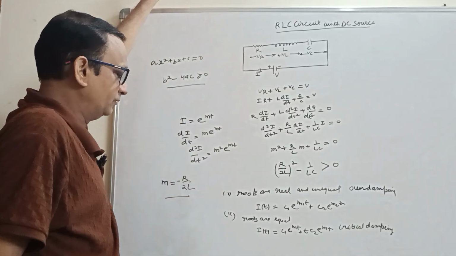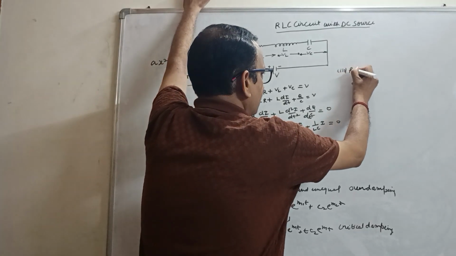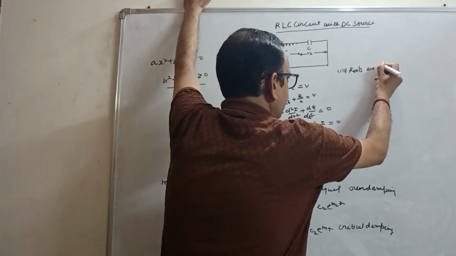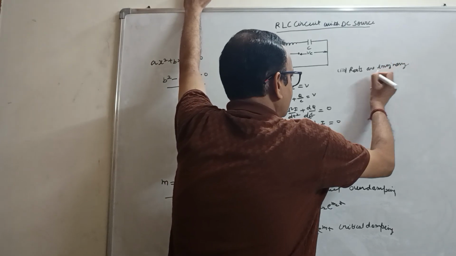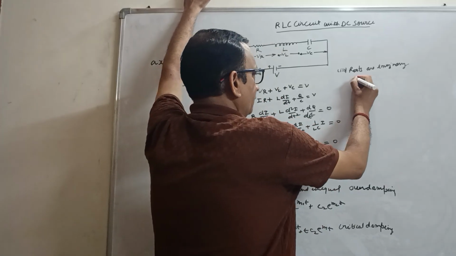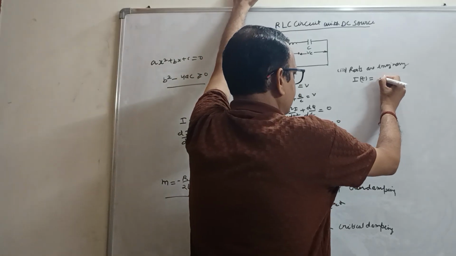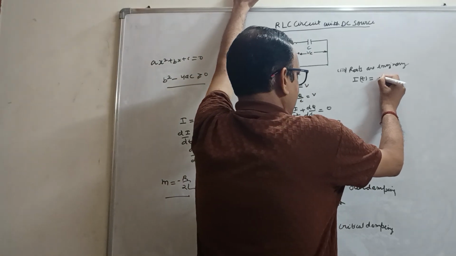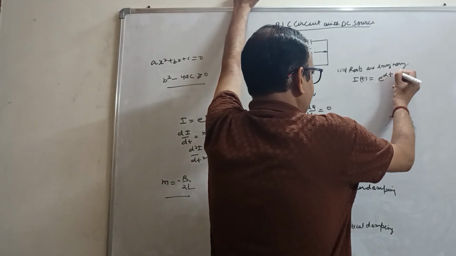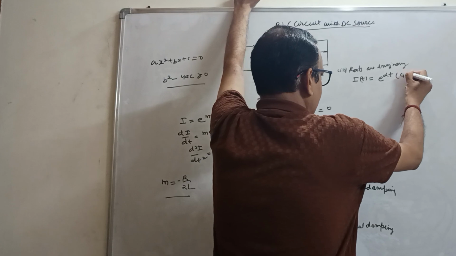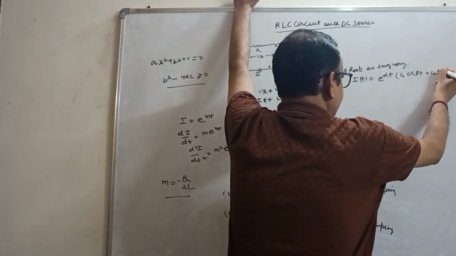The third condition is that the roots are imaginary. So the current in this circuit at time t is expressed as e raised to power alpha t times (C1 cos beta t plus C2 sin beta t).